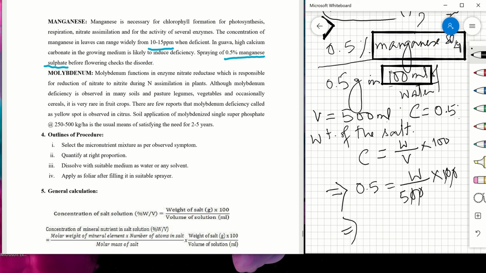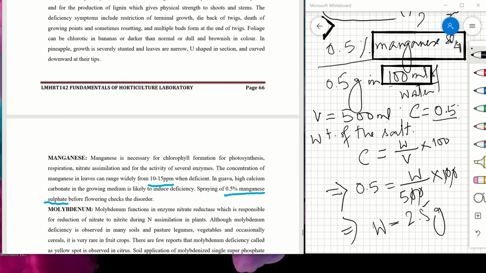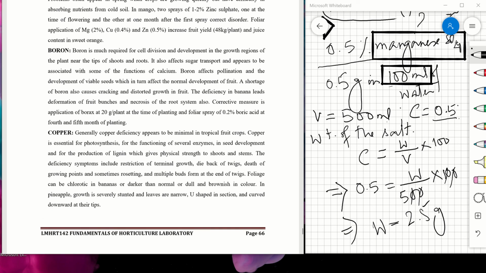So W equals 2.5. We have to put 2.5 gram of manganese sulfate in 500 ml of water. Then the concentration will be 0.5%. Likewise you have to keep on preparing. You can take other examples also, which are given here.